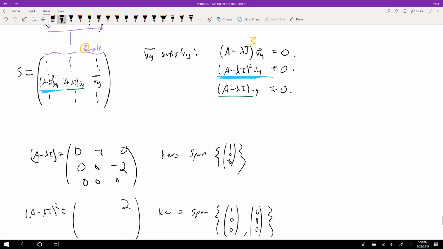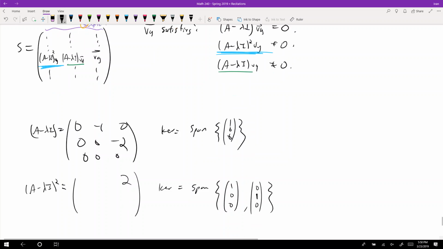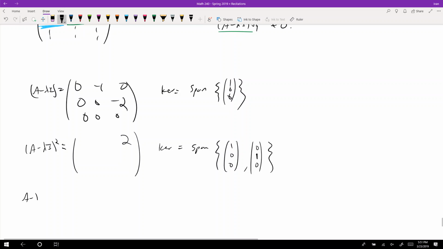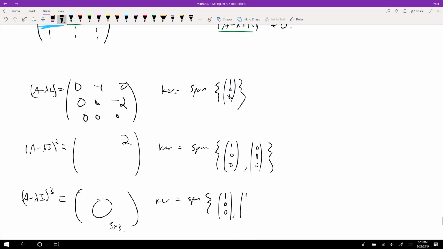Yeah, 1, 0, 0 and 0, 1, 0. And then A minus lambda I cubed is actually going to be the 0 matrix. So a basis for the kernel is 1, 0, 0, 0, 1, 0, 0, 0, 1.